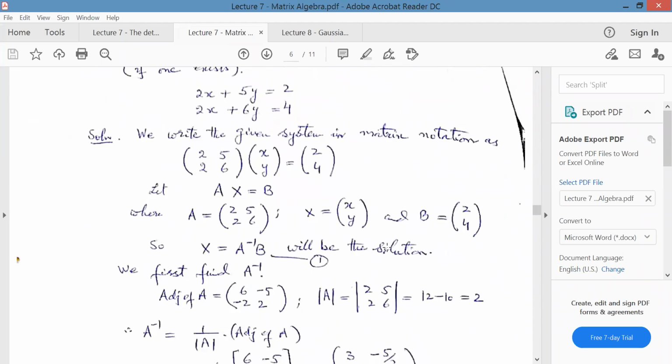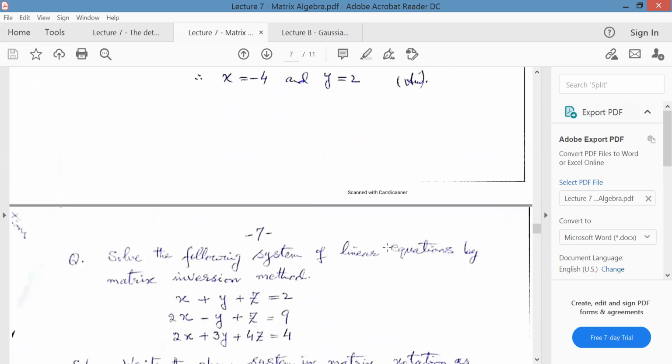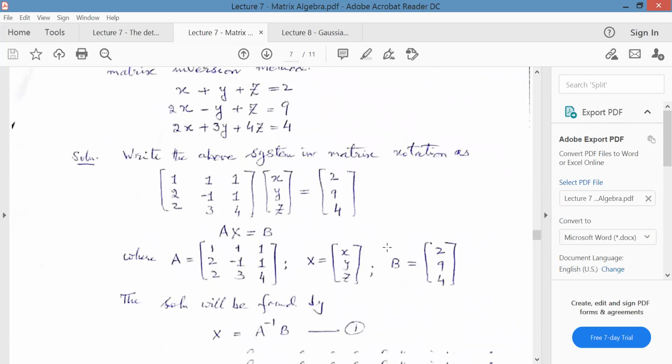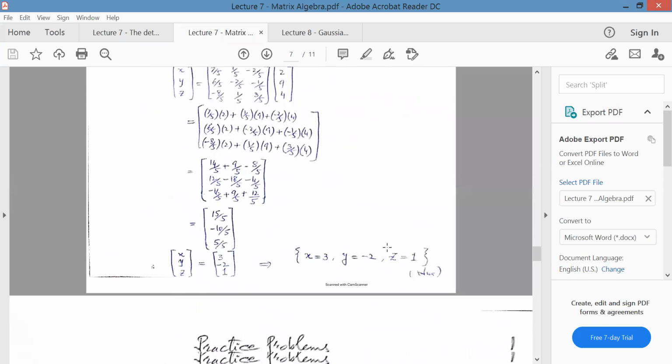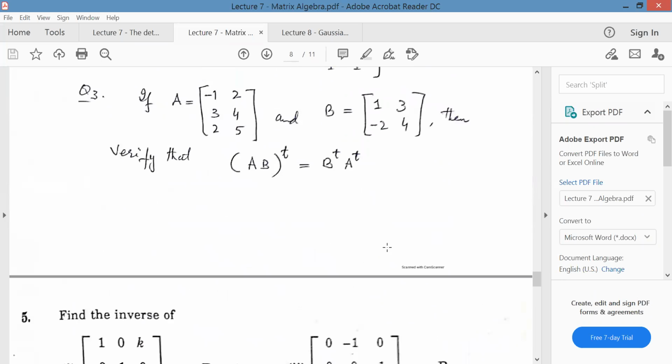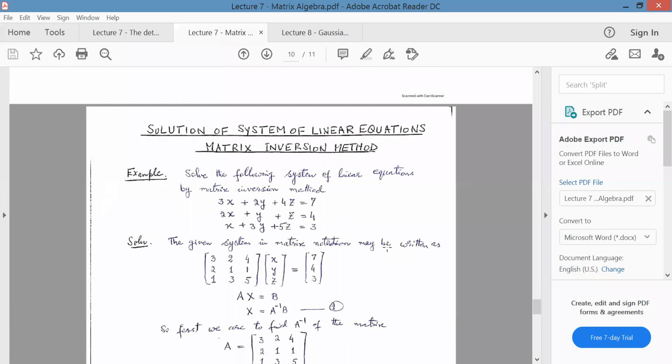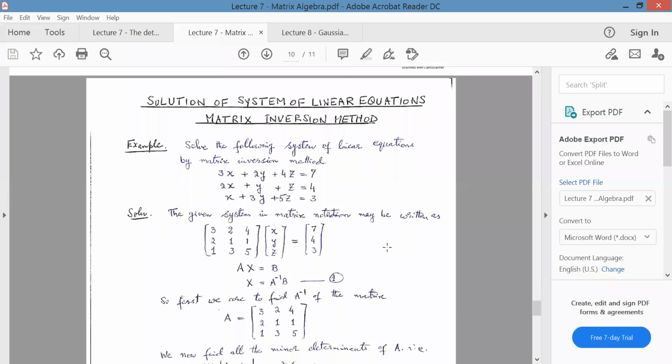Well, I'm going to solve one more example so that the idea should be well clear to you. So gentlemen, this is a question taken from some book.